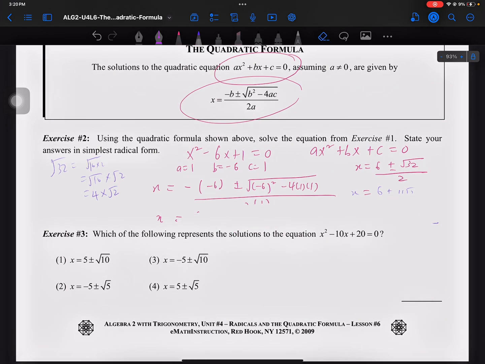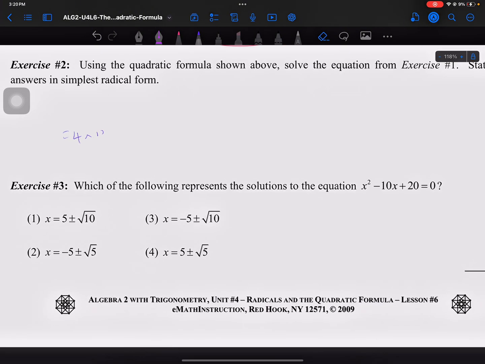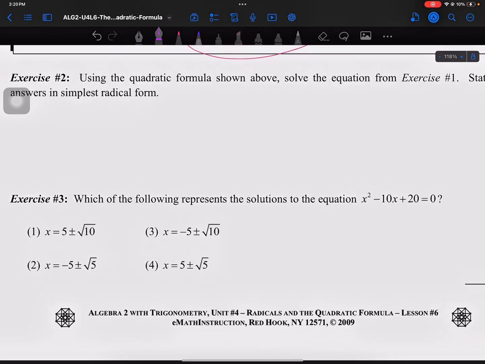Okay, next we move on to number 3. Which of the following represents the solution? First we will straight away use our quadratic formula. The quadratic formula says that we need to know our a, b, c. b is negative 10, c is 20.